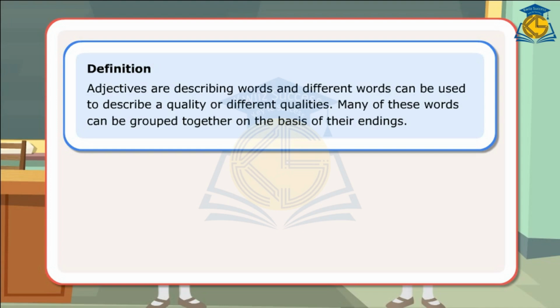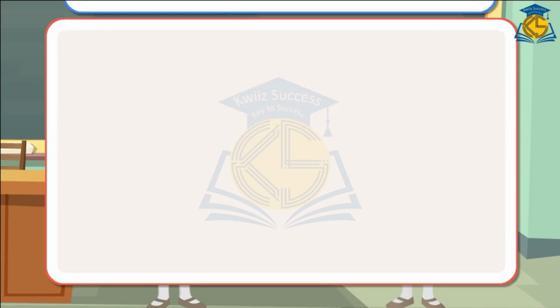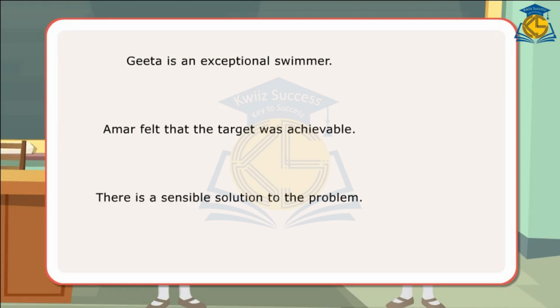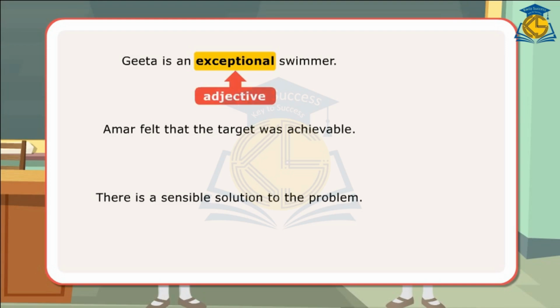Many of these words can be grouped together on the basis of their endings. Let us look at a few sentences. Geeta is an exceptional swimmer. Amar felt that the target was achievable. There is a sensible solution to the problem. In the first sentence, exceptional belongs to the group of adjectives ending with al, like sensational, external.